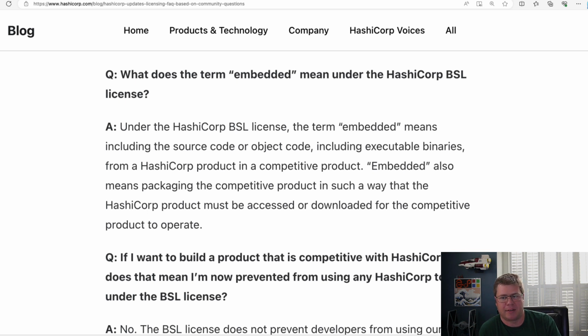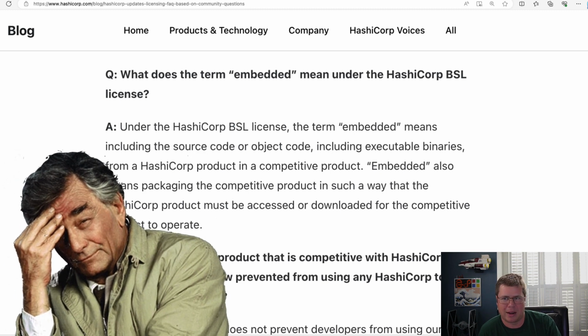I've noticed folks saying, we don't embed any of Terraform's code within our solution, which would imply one of their developers went out to the Terraform GitHub repo, snagged a bunch of Terraform code, and then copy-pasted it into their solution. I don't think anybody would do that. I think that's another Columbo moment, right? Nobody thinks you're doing that.